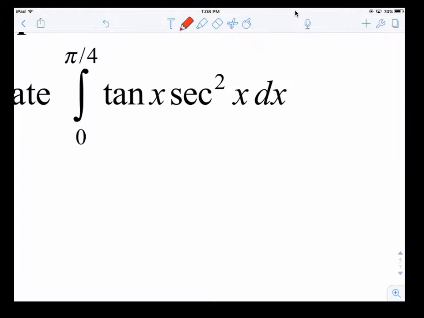Okay, so what would your u function be? Right. It's probably easier if we use tangent as my u function, because again, there are multiple ways you can do this one.